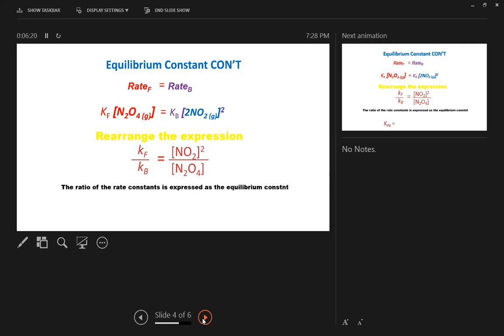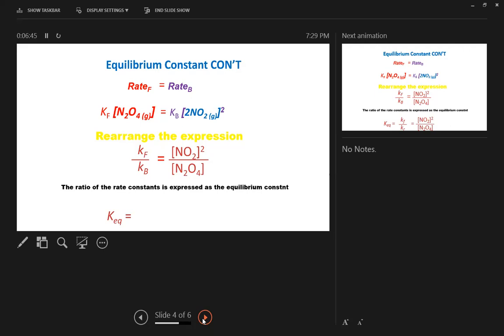But now, take note that the ratio of the rate constants is expressed as the equilibrium constant. The ratio of the rate constants is expressed as the equilibrium constant. This implies that the equilibrium constant is equal to the ratio of the rate constants we just expressed.